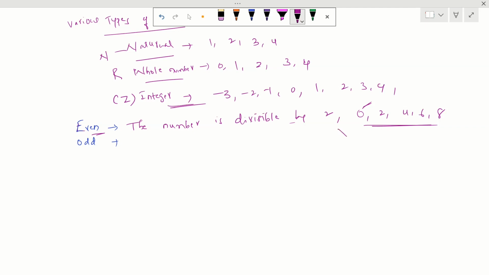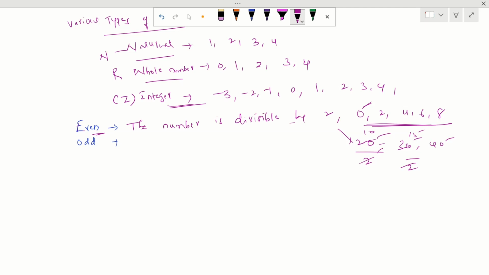Suppose any number contains a zero, like 20, 30, 40. These numbers are divisible by 2. So 0, 2, 4 are called even numbers.